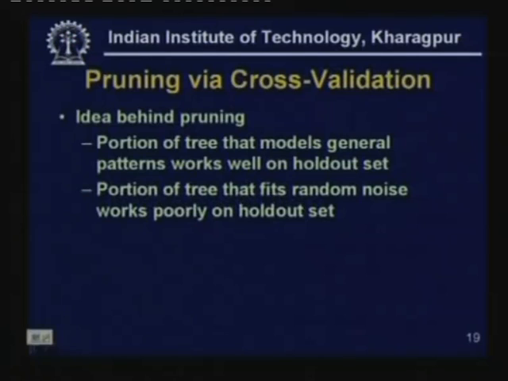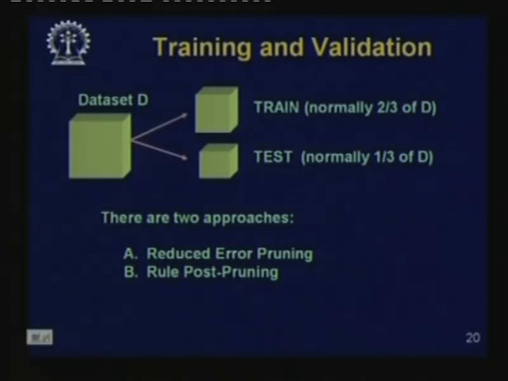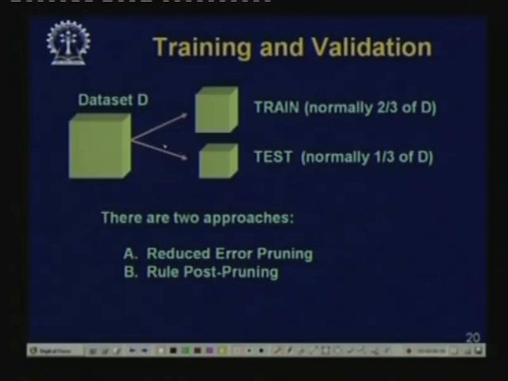The idea behind pruning is that the portion of the tree that models general patterns should work well on the holdout set, but the portion of the tree that fits noise should not work well on the holdout set. So this is a schematic. We have a data set D, we divide it into training and testing, or the holdout.